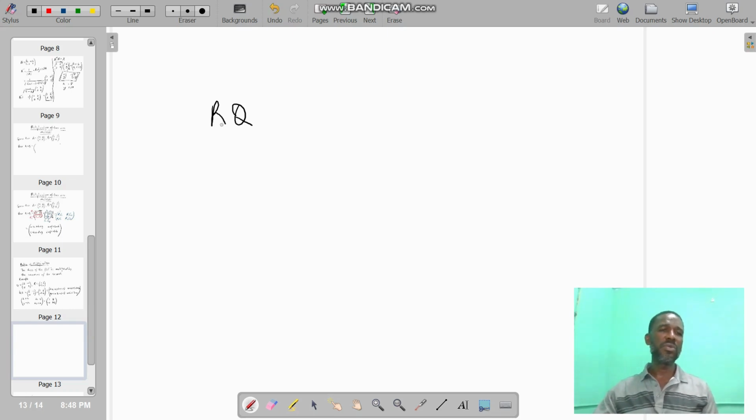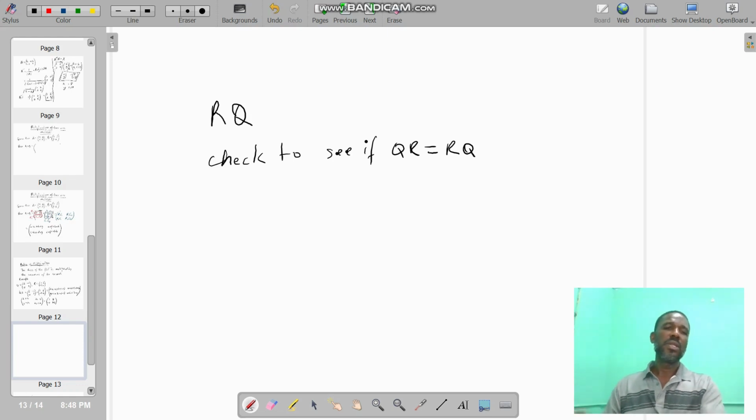Now I'm asking you to do R times Q, to check to see if QR is equal to RQ, that is, if matrix multiplication is commutative. If you don't know what the word commutative means, it means the order of operation does not matter. All right, so do that.